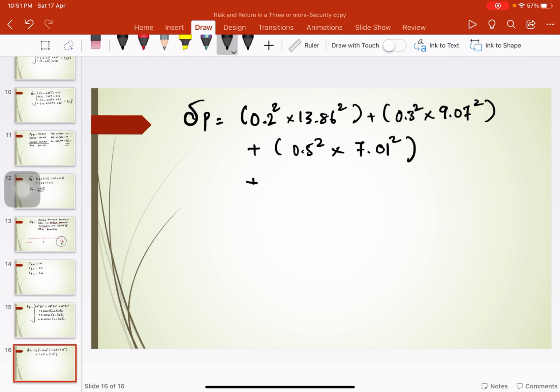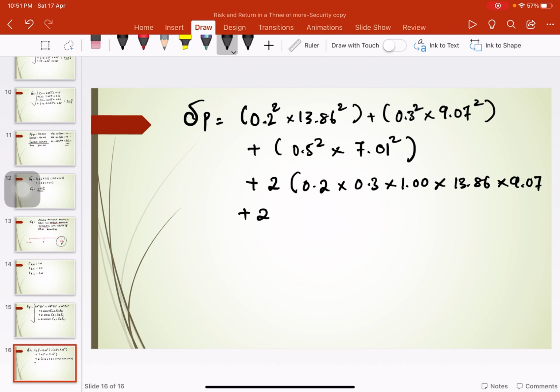Okay, and then plus, again nak buat sepasang-sepasang ni. Okay, so 2 weight A. Weight A berapa tadi? 0.2. Okay, times weight B 0.3 times correlation. Okay, correlation kita dah tahu perfect 1. Okay, times standard A 13.86 times standard B 9.07.